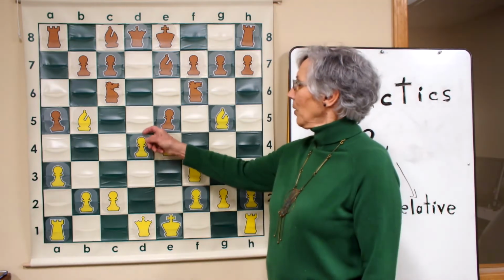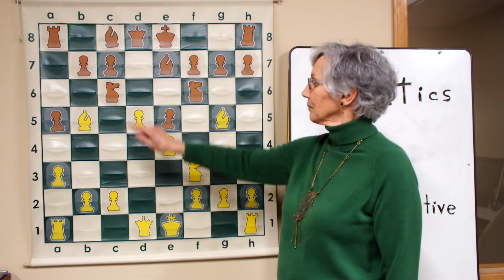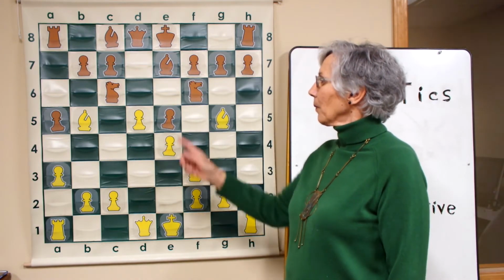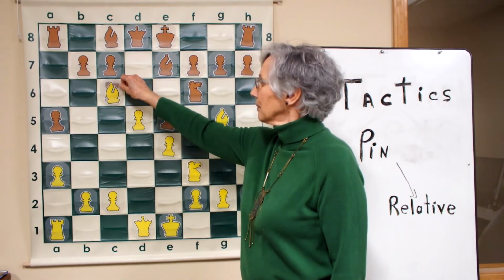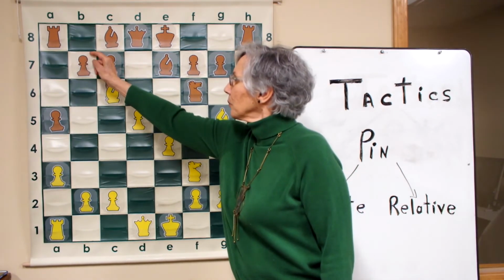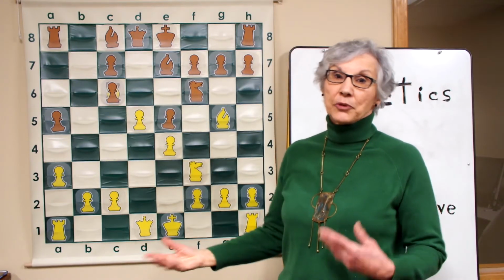You know that a pinned piece can't move. That's the whole point of pinning the piece. It can't move, so now you want to attack it again. The pawn in this case attacks the knight. Now, the bishop could take the knight, but this pawn would recapture, and then all it would be is a trade of material.